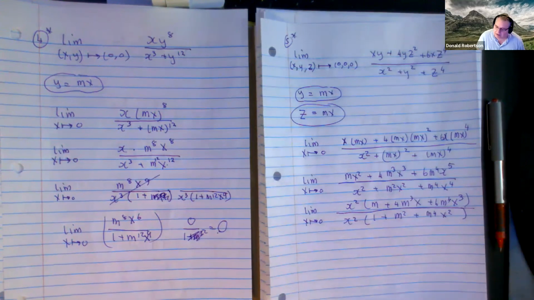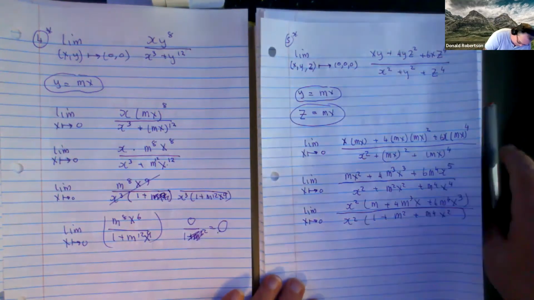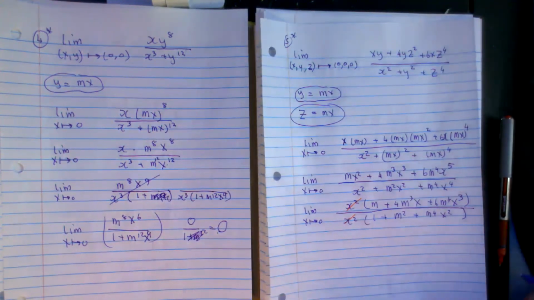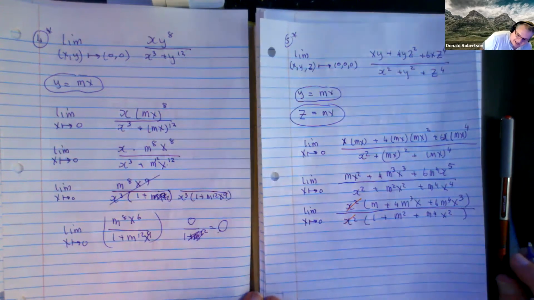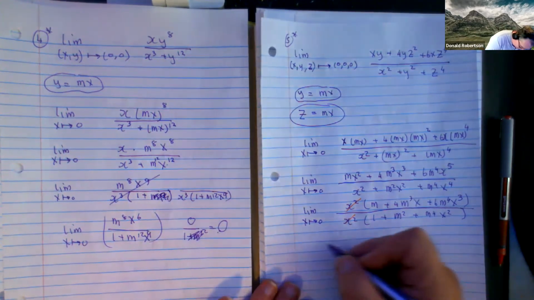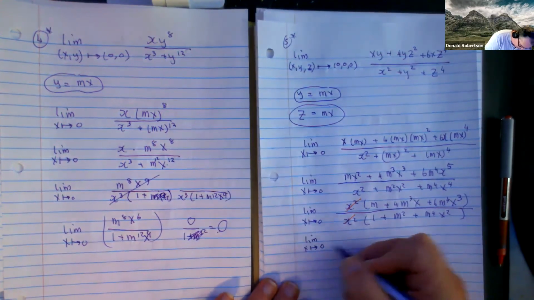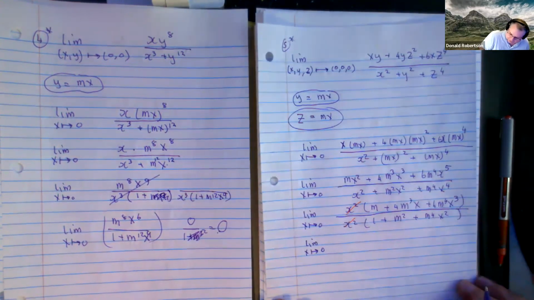Are we okay with that line? Now, as we'd expect, you don't pull m's out, just x's. The m's will sort themselves out later. So pull out x's, x squared, x cubed, whatever the best you can do.